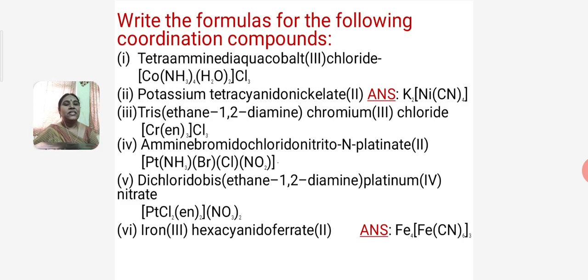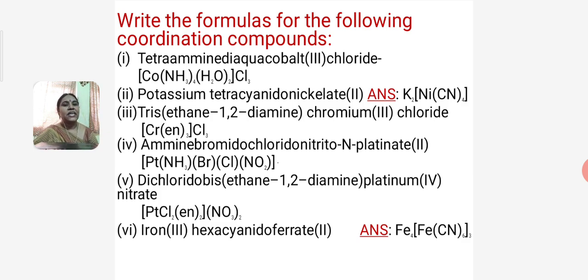Now see that the charge on the complex ion and the counter ion are balanced by multiplying with a suitable number. Then finally the complex formula is [PtCl2(en)2](NO3)2.